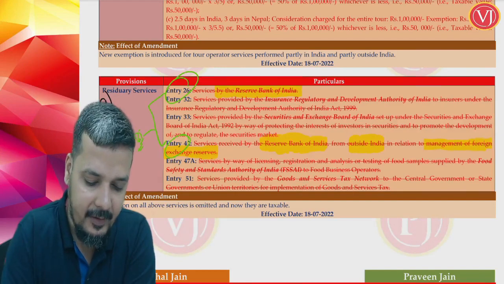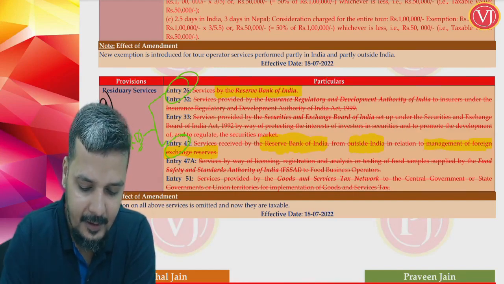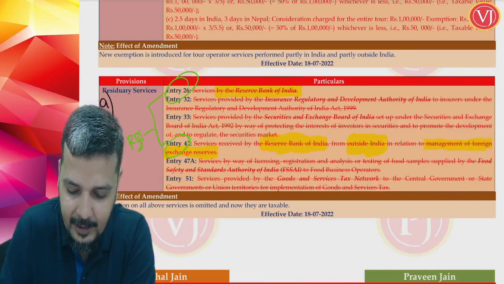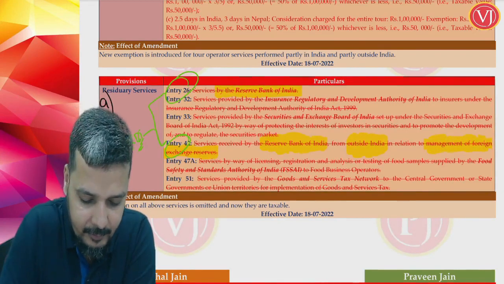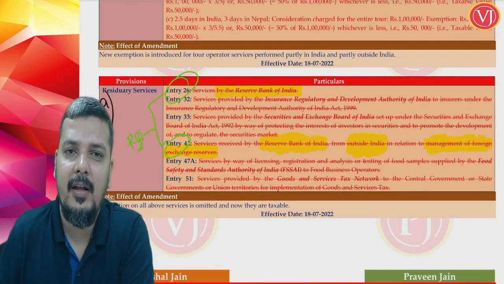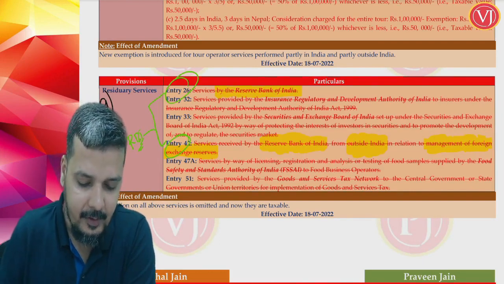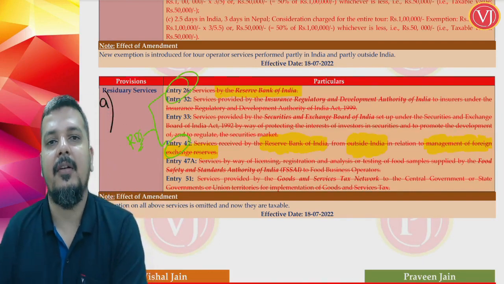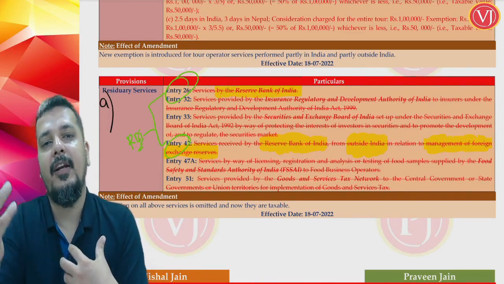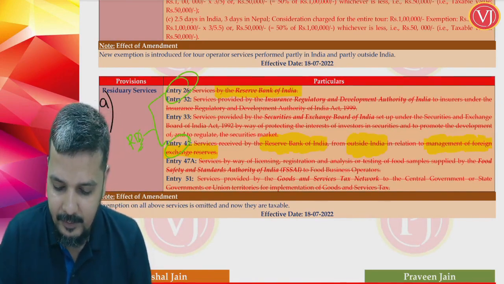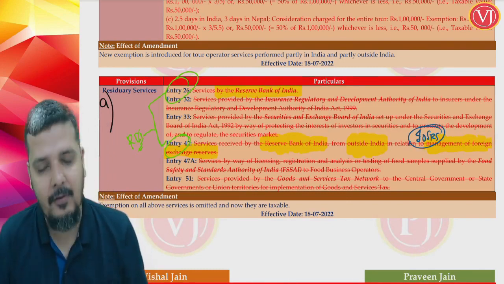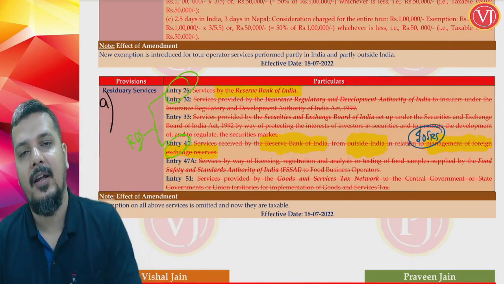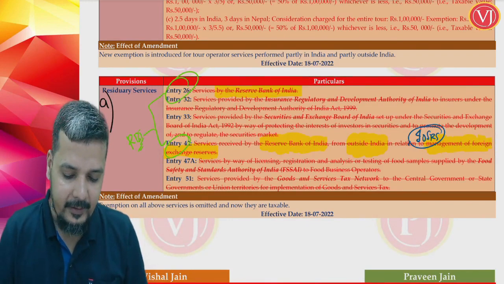Second is services received by RBI from outside India in relation to management of foreign exchange reserves, which was exempt, now it is taxable.